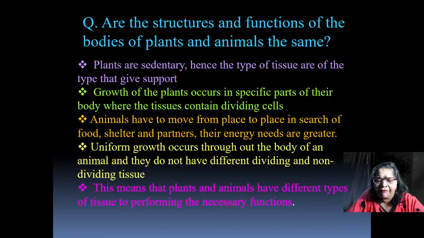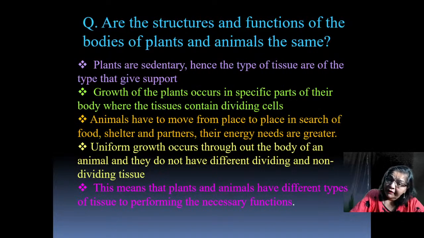Every cell may have the capacity to divide and increase its number. Got it? Now, this means that plants and animals have different types of tissues to perform different but necessary functions, according to the sedentary lifestyle and the moving lifestyle.